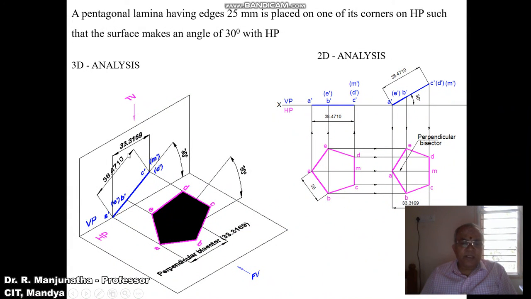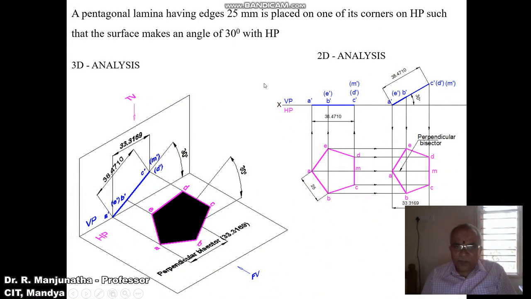When it is seen from the top view, the perpendicular bisector is reduced in length to 33.3169, so it is in apparent length, and in the front view it is in true length. That is what we have shown here in two dimensions. When the surface is inclined to HP by 30 degrees, resting on one of its corners on HP, the perpendicular bisector becomes an apparent length, which is 33.3169.